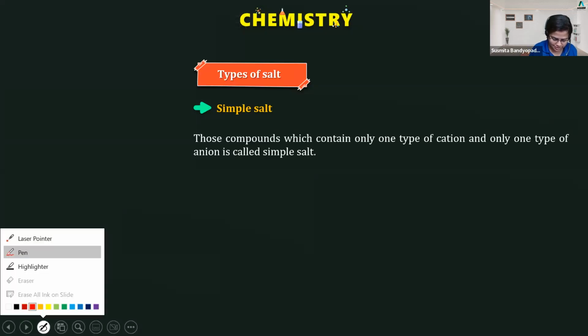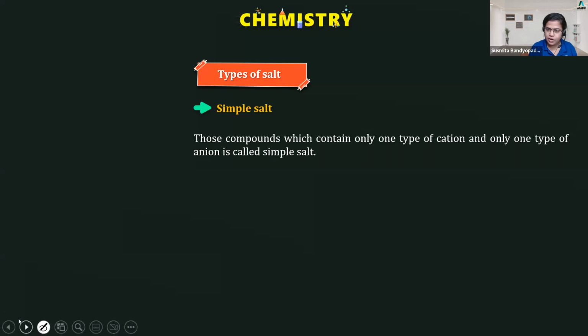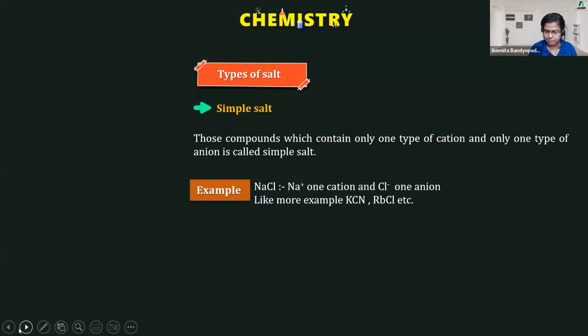Simple salt: only one cation, one anion. Like NaCl, Na plus, Cl minus. KCN, K plus, CN minus. RbCl, Rb plus, Cl minus. What is a mixed oxide?